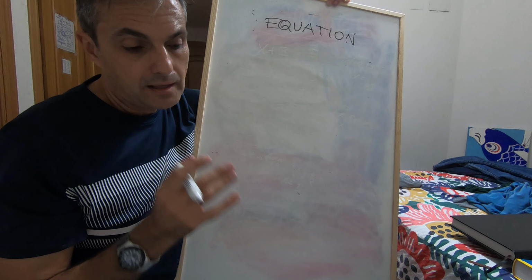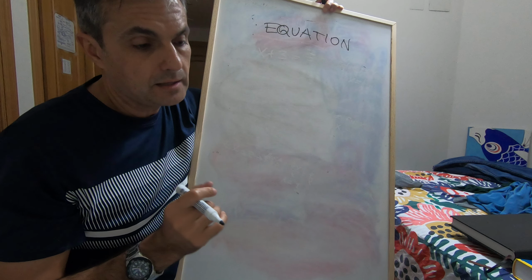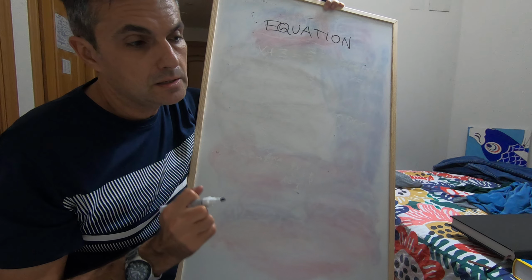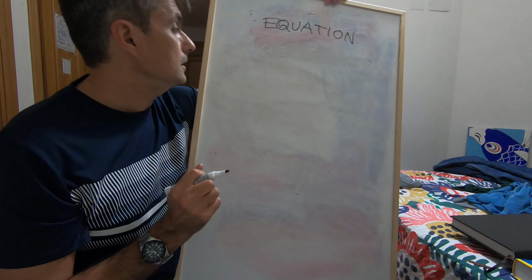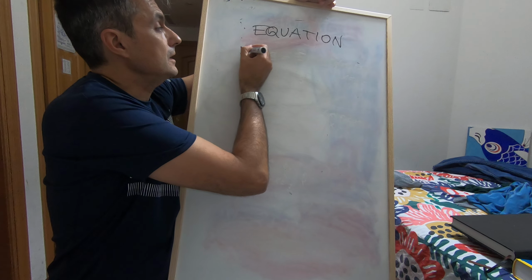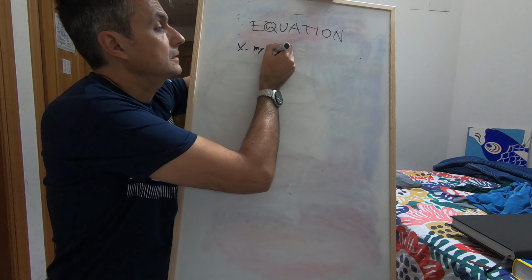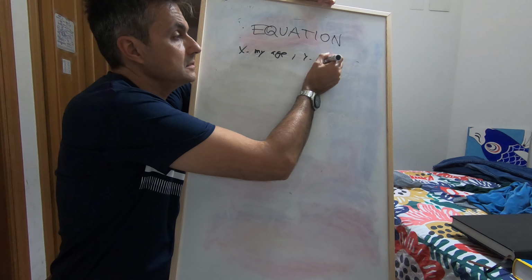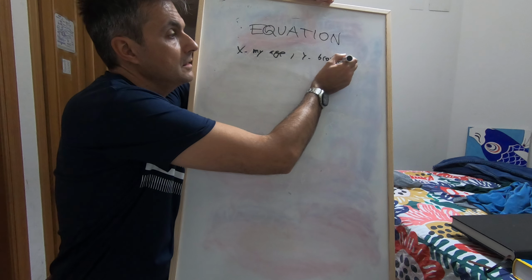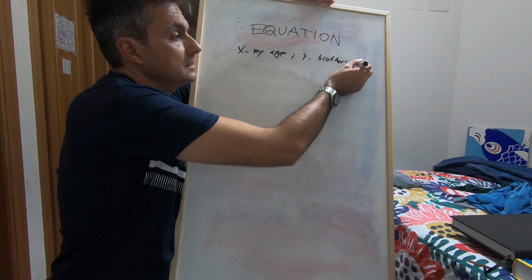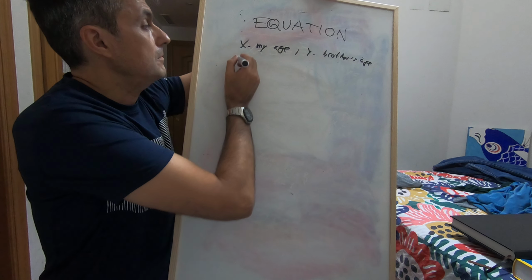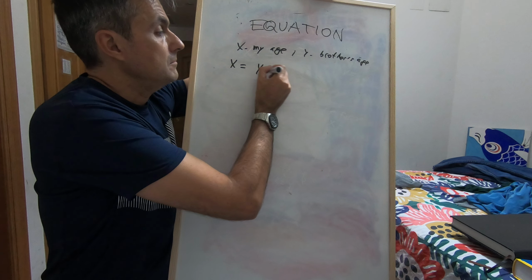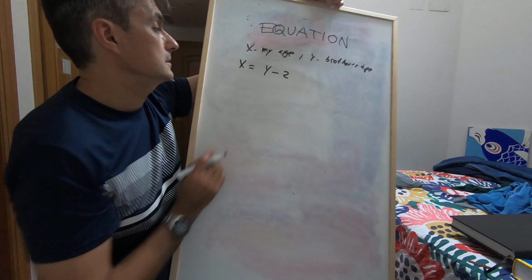Now I'm taking you to the first equation I remember. When I was very little, my mom used to tell me that my brother was 2 years older than me. For instance, if x was my age and y was my brother's age, my mom used to say that my age was my brother's age minus 2 years.